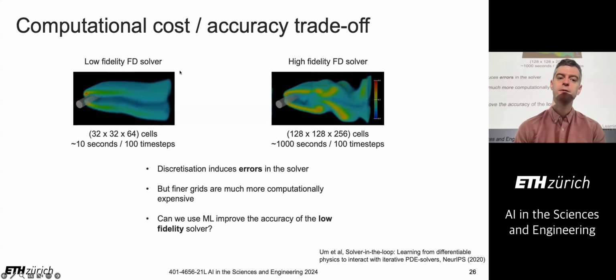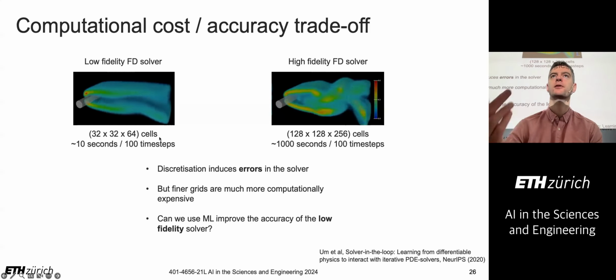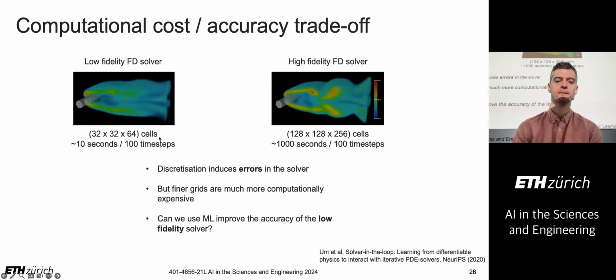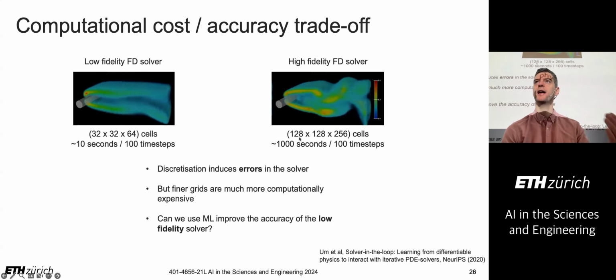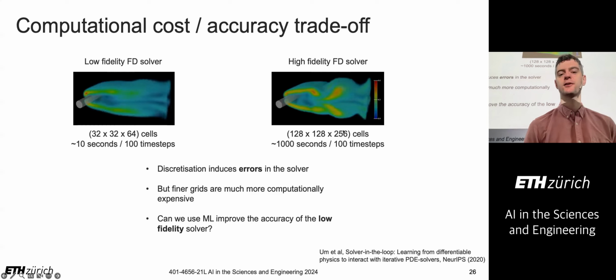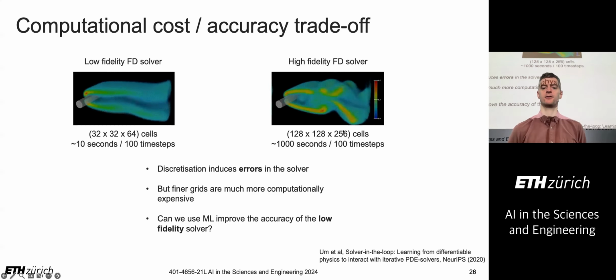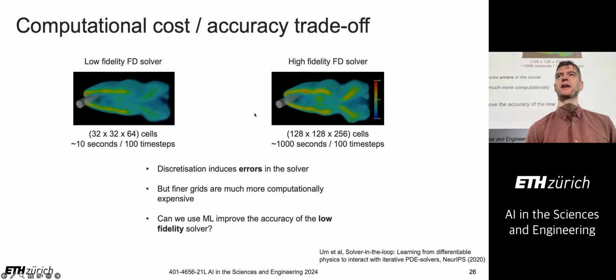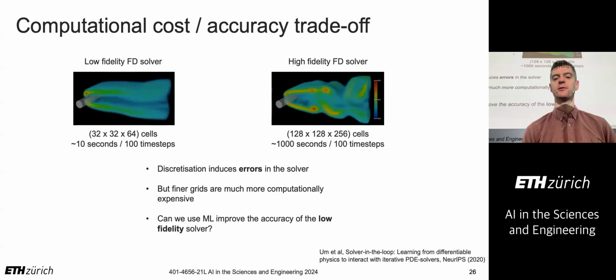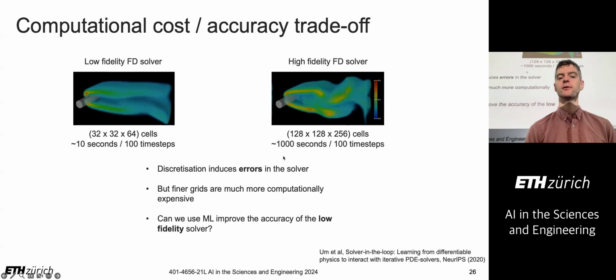On the left here is a low fidelity simulation where we're only using 32 by 32 by 64 cells in our discretized mesh. And you can see the prediction of this low fidelity solver is way different to if we used a much bigger mesh, so if we used 128 by 128 by 256 cells. This is a really big problem. We want to carry out really accurate simulations, but it really depends on the mesh that we use.